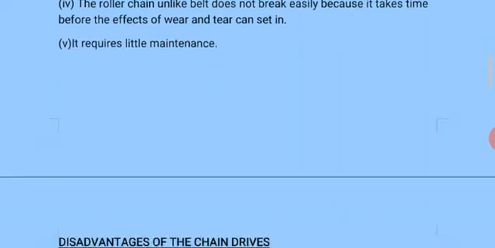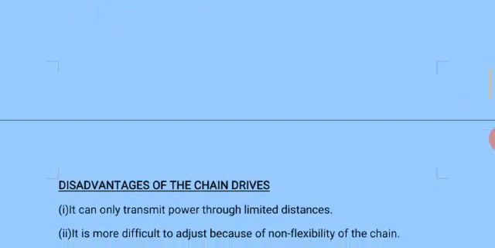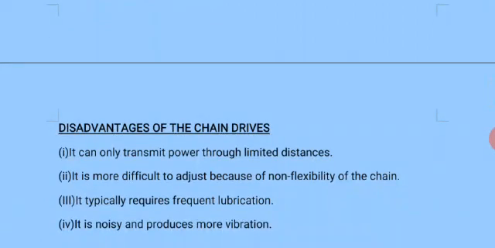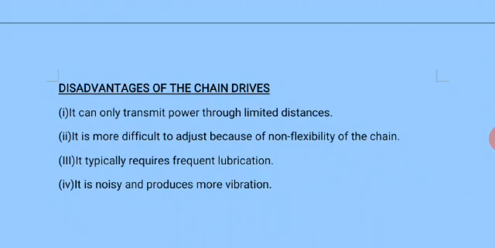Let's go to the disadvantages of the chain drives. As we can see on the screen, the first one is that it can only transmit power through limited distances. Because the chain is made of metal, it is difficult to make it transmit power through very long distances.